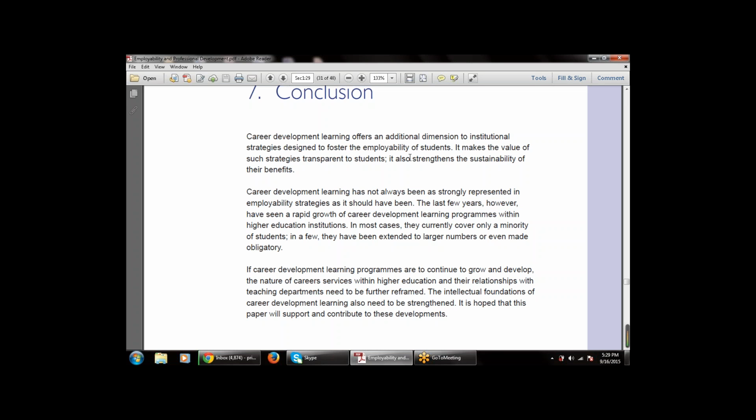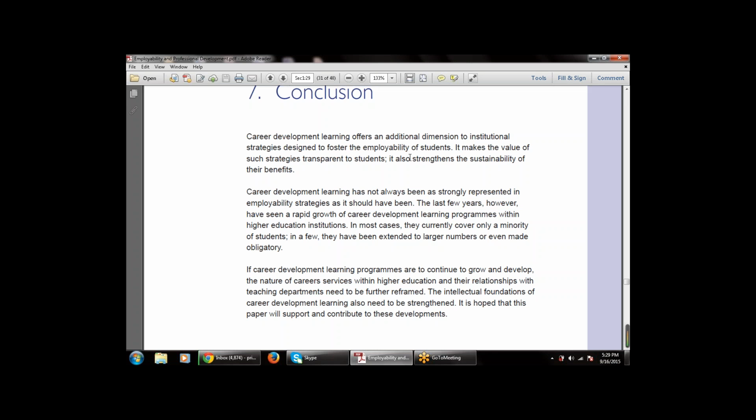It makes the value of such strategies transparent to the student, and it also strengthens the sustainability of their benefits.